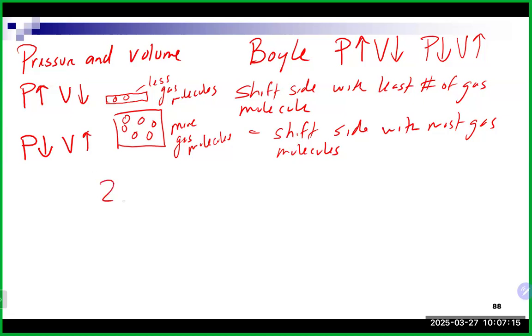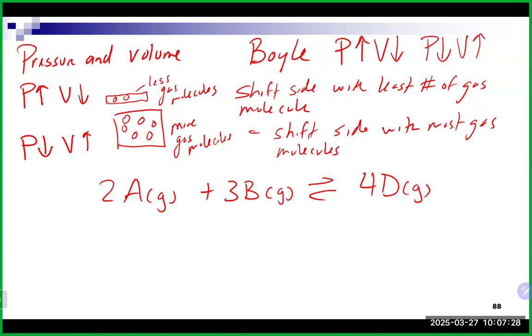So if I had a reaction such as this, and I did the following things, what I want to know is, will it shift to the left, to the right, or will there be no change?